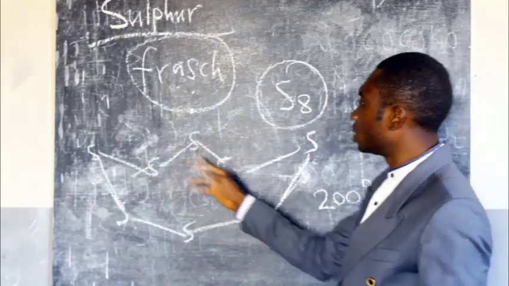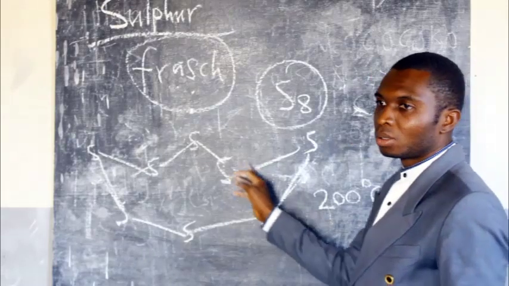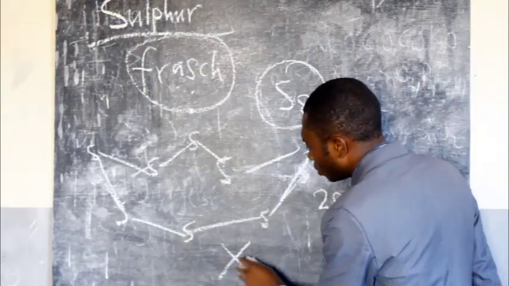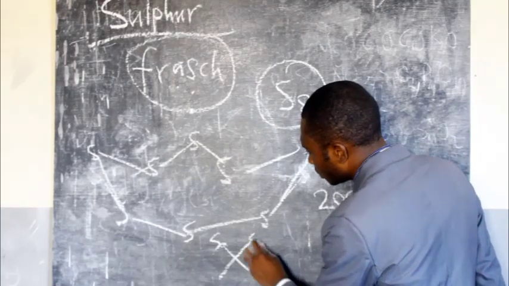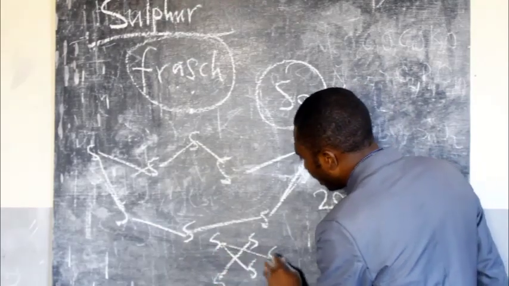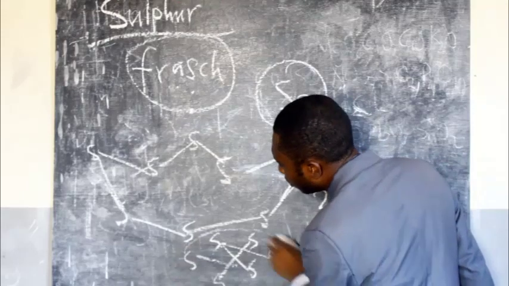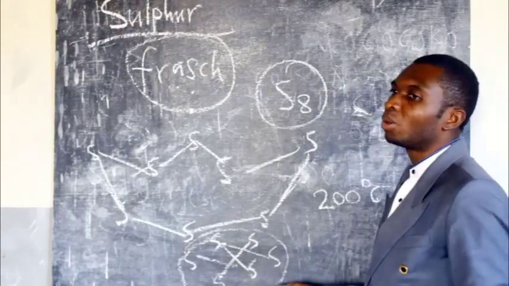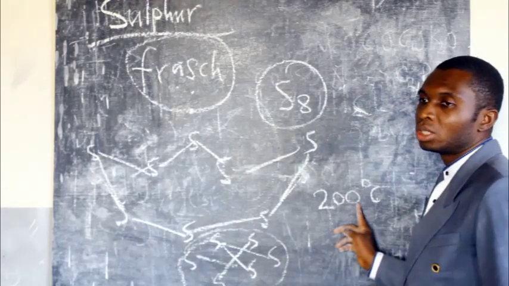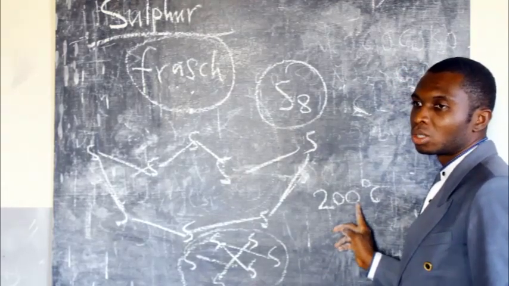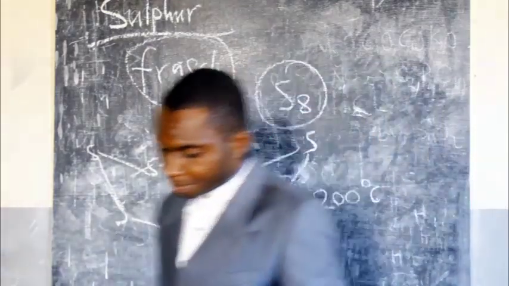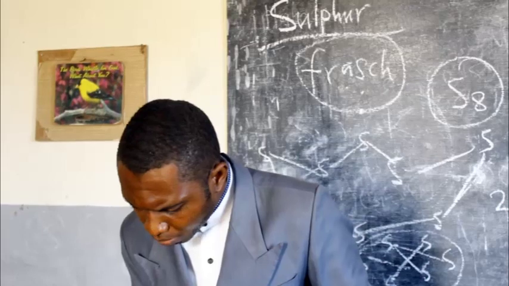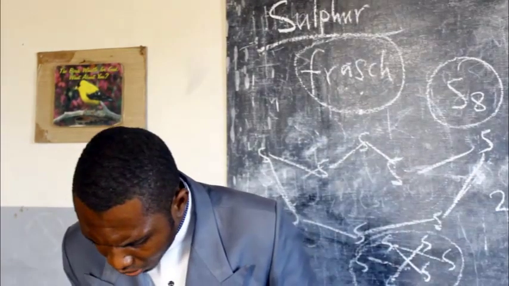This is because these bonds, when they get loosened, they entangle with each other and become highly viscous. From a temperature of 160, it will start becoming viscous, but the peak of the viscosity is at 200 degrees Celsius. Take note. It becomes viscous because of the strong bond that exists between it.